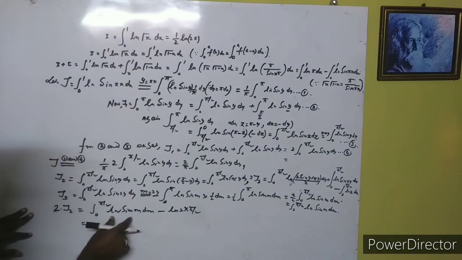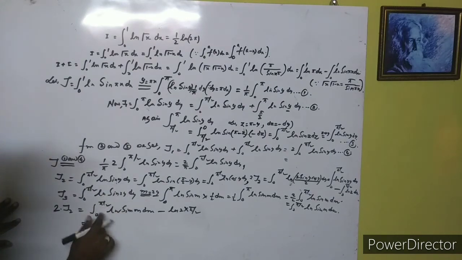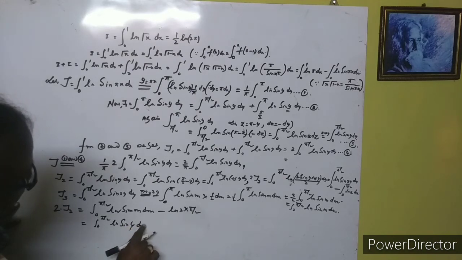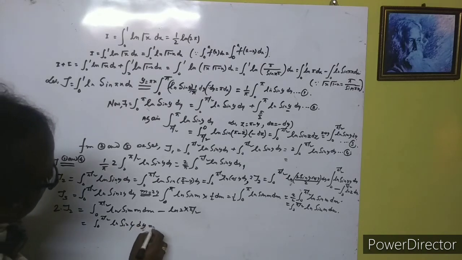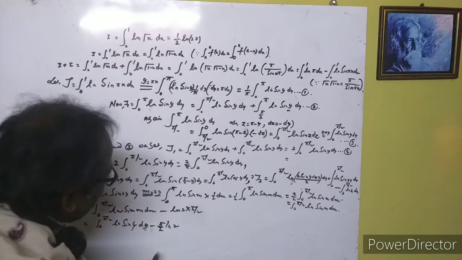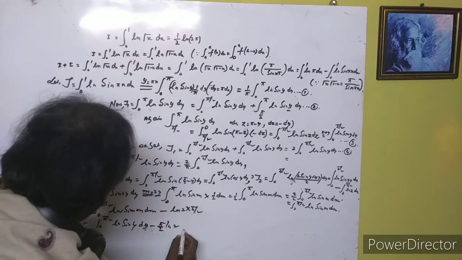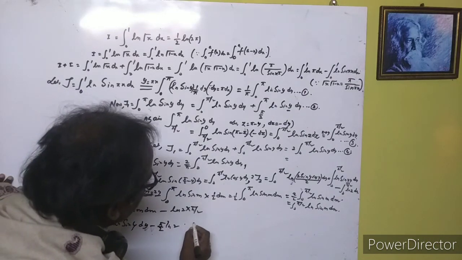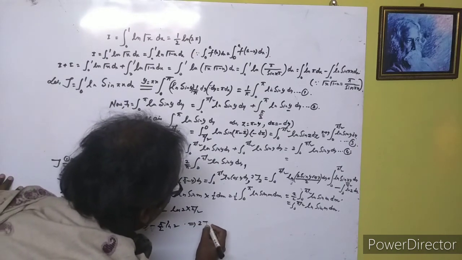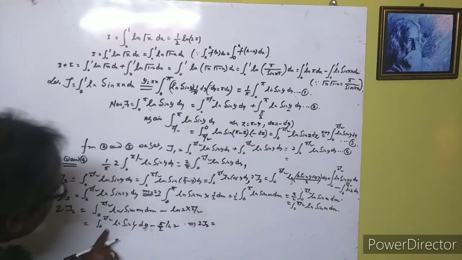So the same figure came from that, integral 0 to pi by 2. We can write with the value of y ln sin m dm, and this is minus pi by 2 ln 2, and that is equal to 2j2.